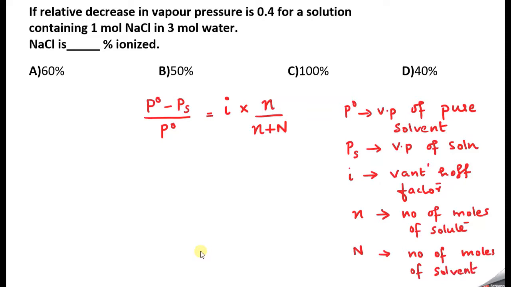Fine. Now I told you why I have introduced i: because the solute used is an electrolyte, so it will undergo dissociation, correct?